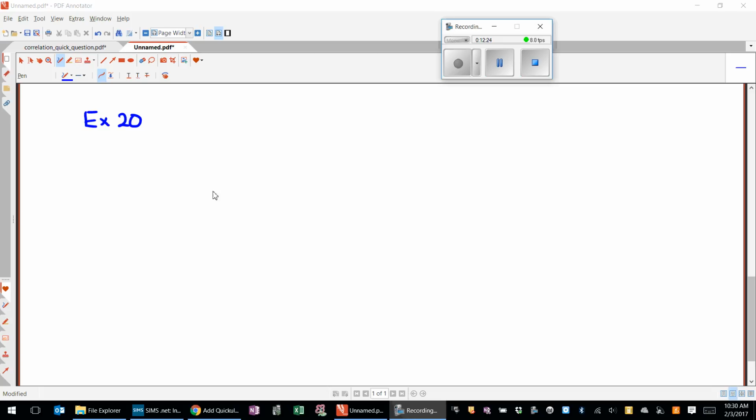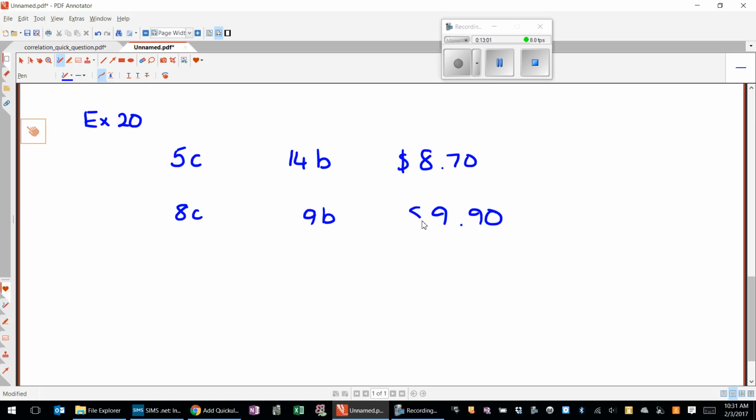So 5, what should I do for coconuts? 5C, okay. 5 coconuts, 14 bananas cost me $8.70. Okay, and then we say 8 coconuts and 9 bananas cost me $9.90. So if we add those together, it equals that.